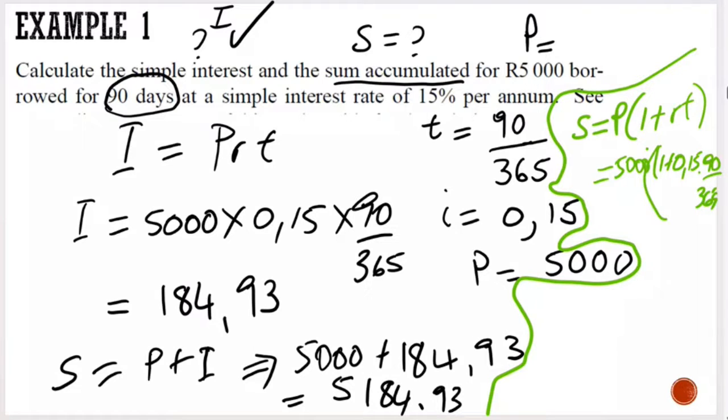You plug this into your calculator and it gives you your accumulated sum, which is 5184.93. It does not matter which method you use, as long as you get the correct answer. It depends on how economical you want to be.